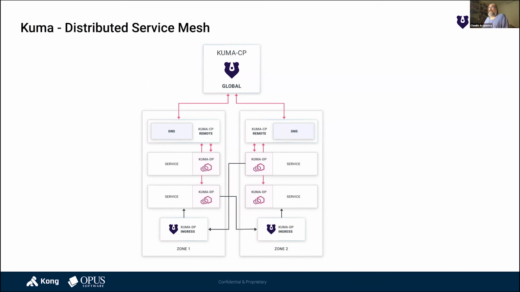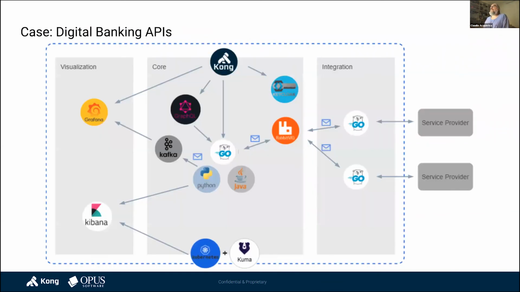So if you have Elastic already in place, just like in this diagram over here, that will be okay to get your microservices, your service mesh, if you will, integrated with Kibana or Prometheus with Grafana and so on and so forth.